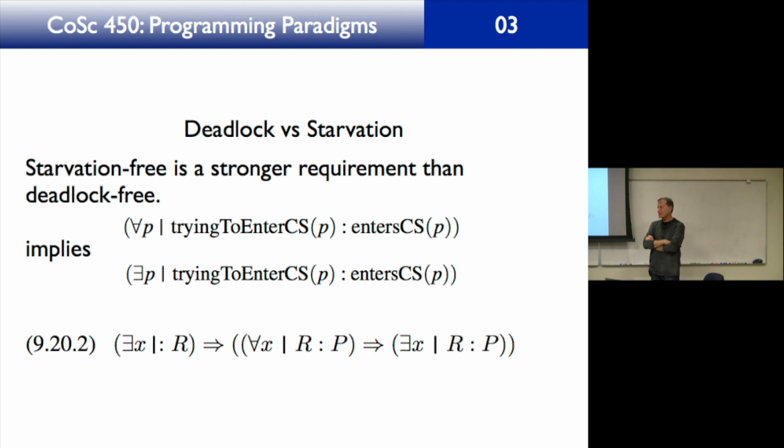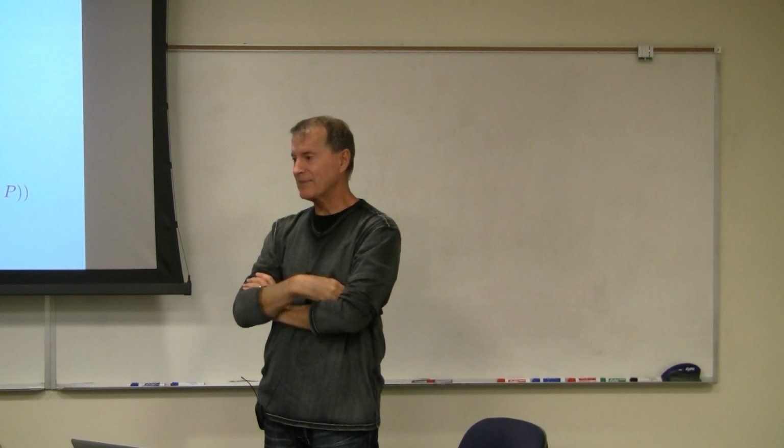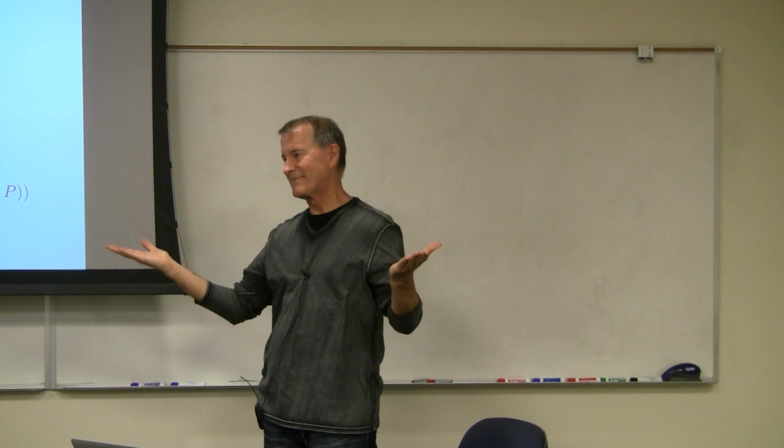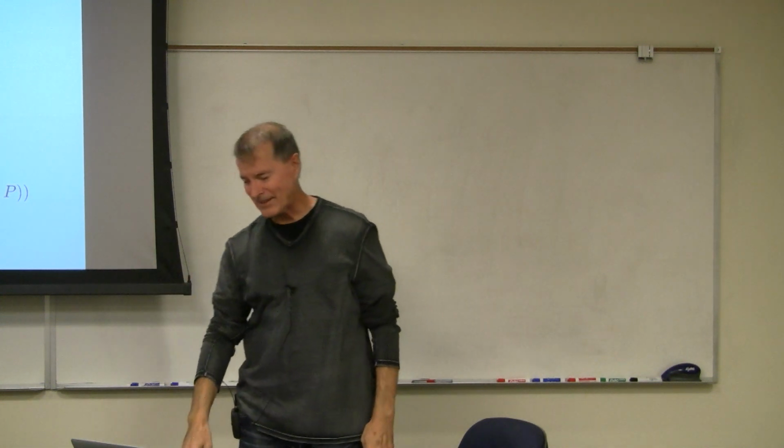It's from our old equation sheet. 9.20.2. As long as the range is not empty, what do we know from formal methods? For all X in range R, body P implies there exists X in range R, body P. So basically, mathematically, if you prove starvation-free, you've proven deadlock-free.